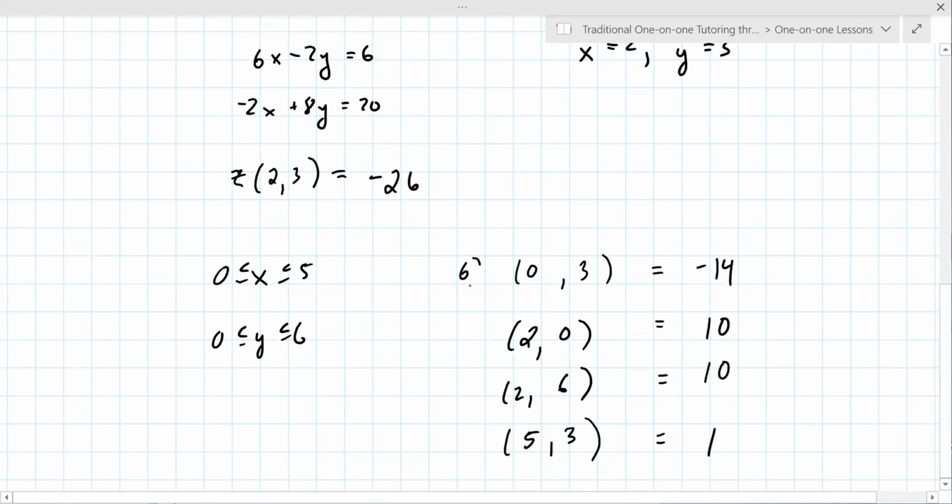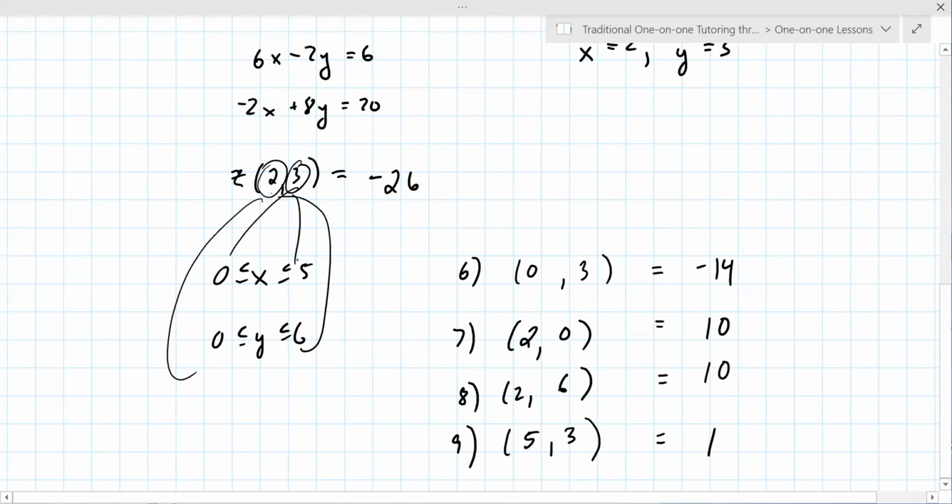So this is, I believe, your 6, 7, 8, and 9. And it's like you pair up that X with each of the Ys, and then the Y with each of the Xs.